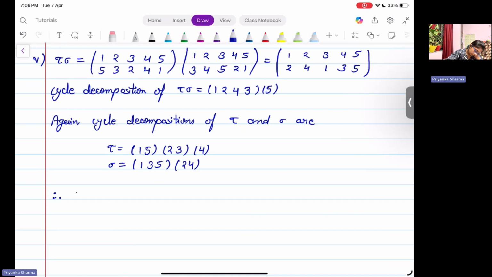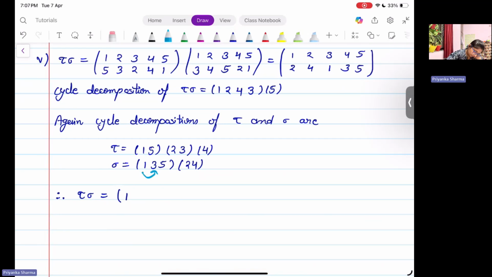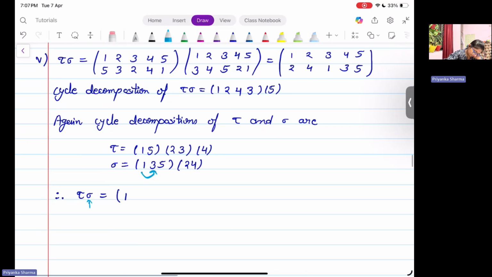Therefore, what is tau sigma? For tau sigma, it starts from 1. First we'll apply sigma and then we will apply tau. So 1 goes to 3 and 3 goes to 2. So here we will write 2. Now come to the element 2. 2 goes to 4 and 4 goes to 4 again.